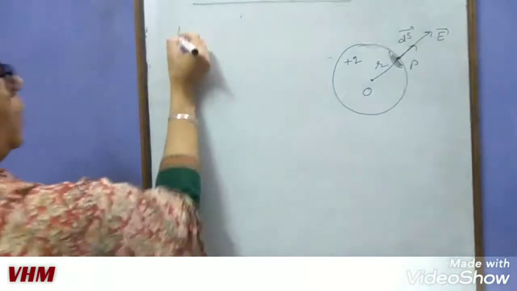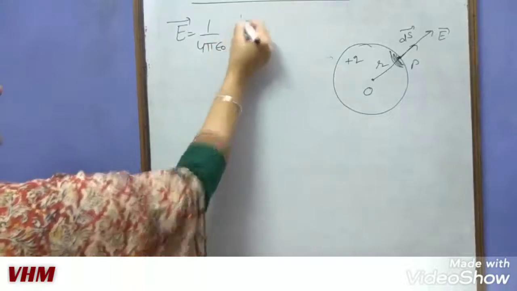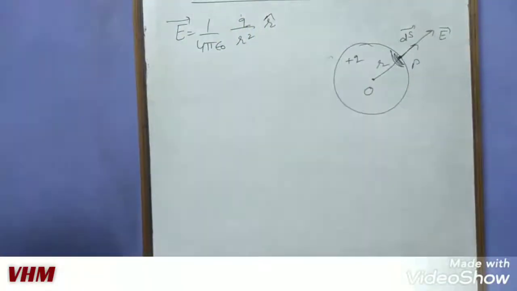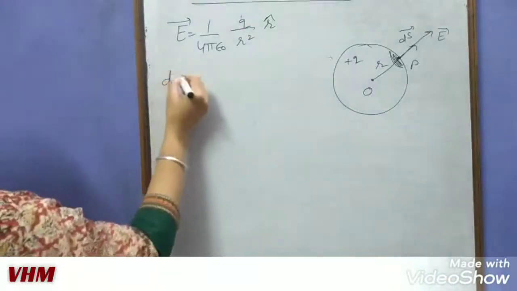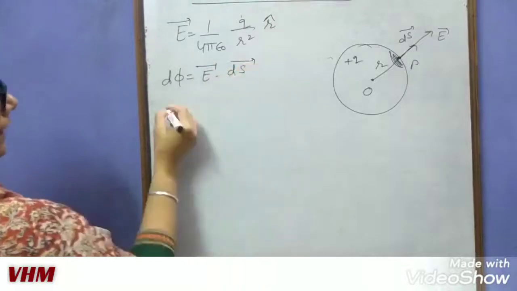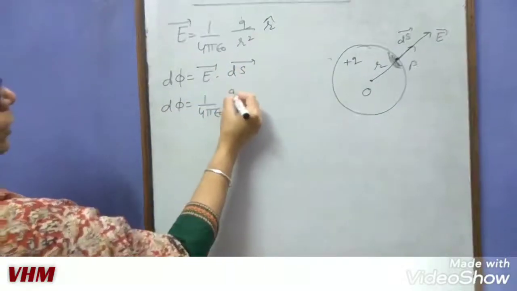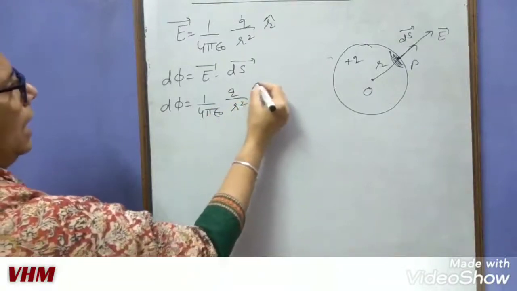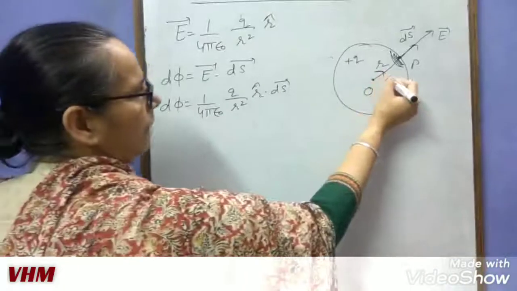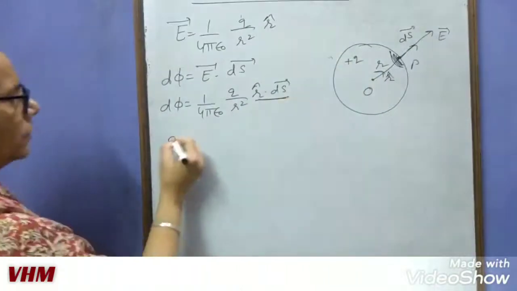Now for the point charge, the electric field is 1 over 4 pi epsilon naught Q upon R square R cap, and for small electric flux, E dot ds vector, that is 1 by 4 pi epsilon naught Q upon R square R cap dot ds vector. R cap and ds vector are in the same direction.